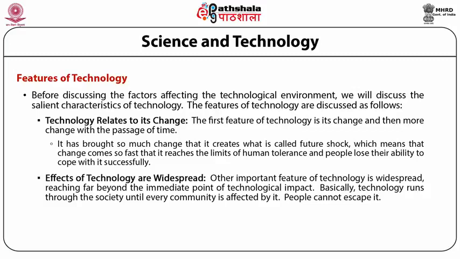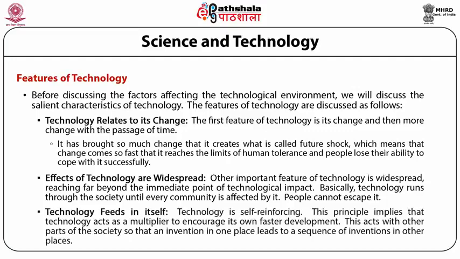Another important feature of technology is that it is widespread, reaching far beyond the immediate point of technological impact. Basically, technology runs through society until every community is affected by it. People cannot escape it. Technology feeds on itself.